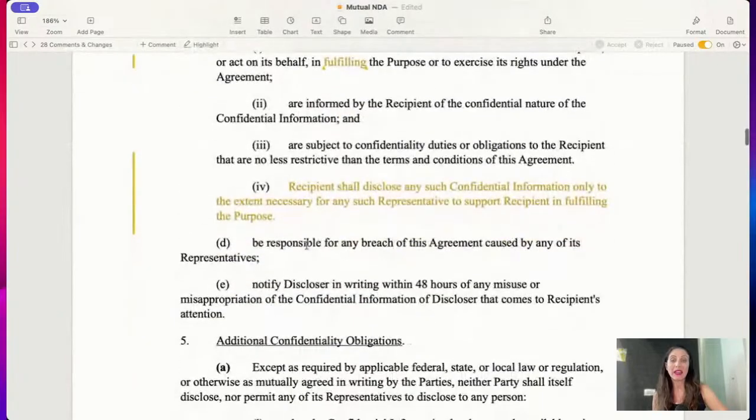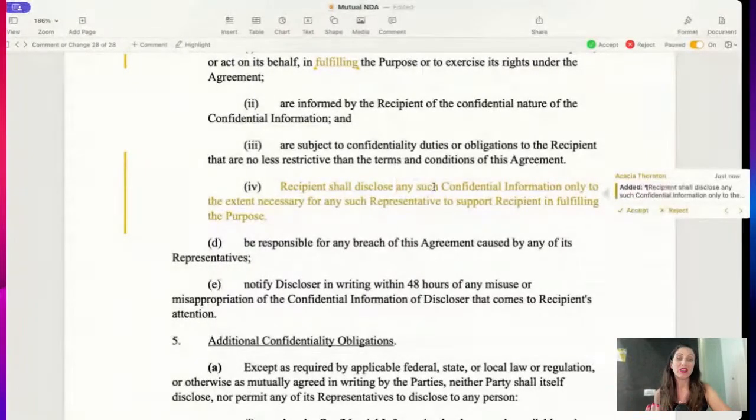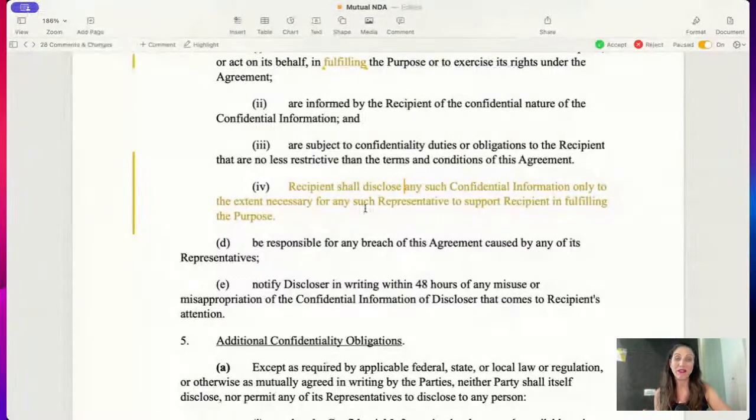I am clarifying that the recipient, the person who receives the information, by person I mean the legal entity, so the company, shall disclose any such confidential information only to the extent necessary for any such representative to support recipient in fulfilling its purpose.